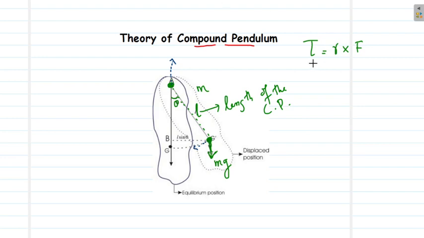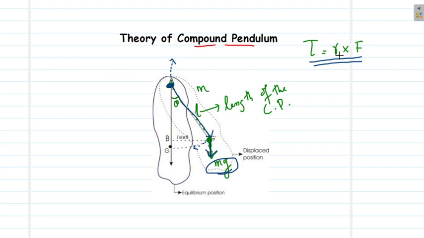So let us stick to this equation tau equal to R cross F in order to evaluate the total torque acting on the system. So here, what is the force acting on the system? It is the mg force acting in this direction. And here the vector R is defined as the vector from the center of suspension until the center of gravity.